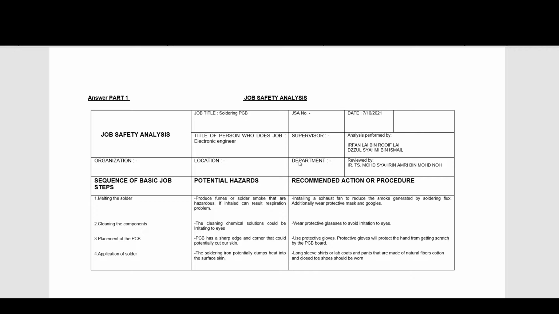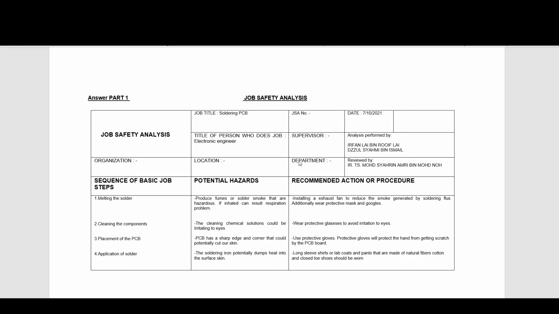The second is cleaning the component. When we clean the component we use some chemical, which is dangerous and could irritate the eyes, so we wear protective glasses to avoid eye irritation.